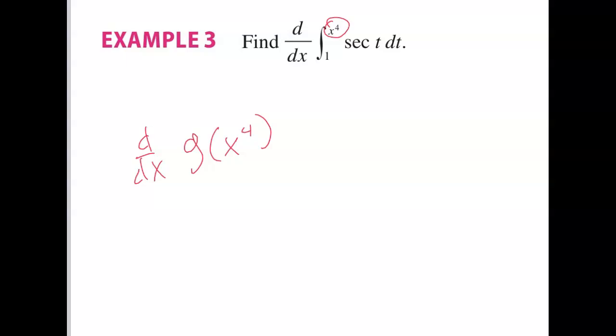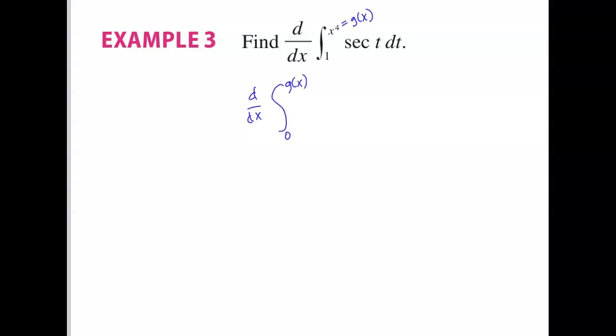I have an outside function and I have an inside function. So an easier way to think about this might be to first generalize it. So let's do this. Let's call x to the fourth g of x. So really what I'm doing is taking the derivative of the integral from 0 to g of x of secant t dt.